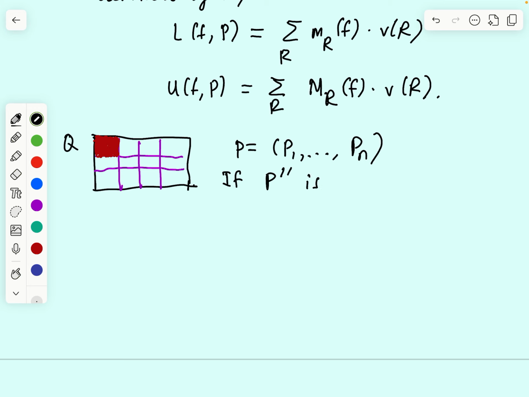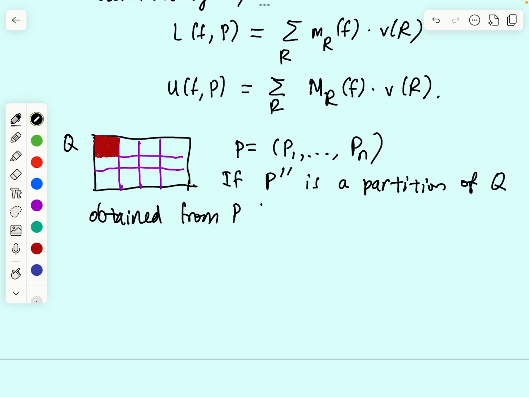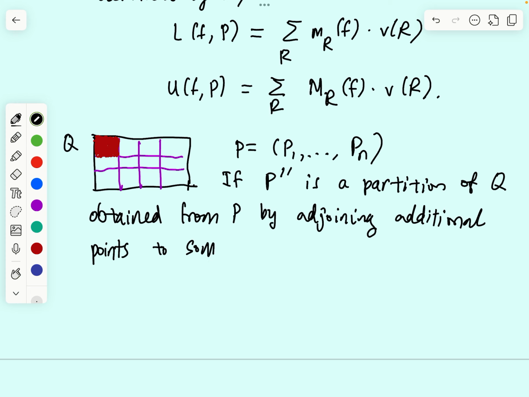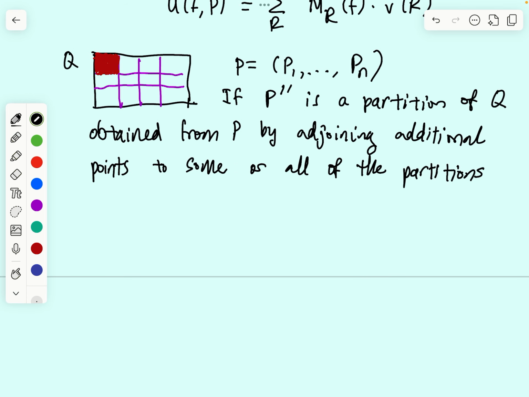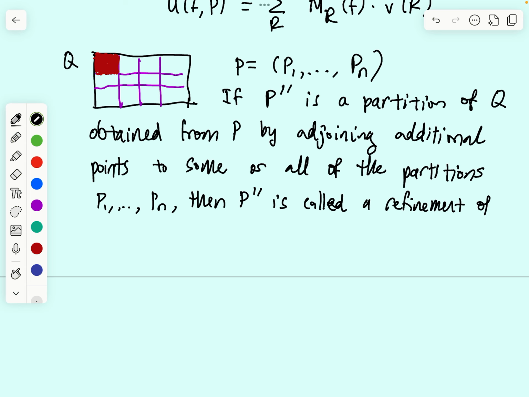If P double prime is a partition of Q obtained from P by adjoining additional points to some or all of the partitions P1 through Pn, then P double prime is called a refinement of P.